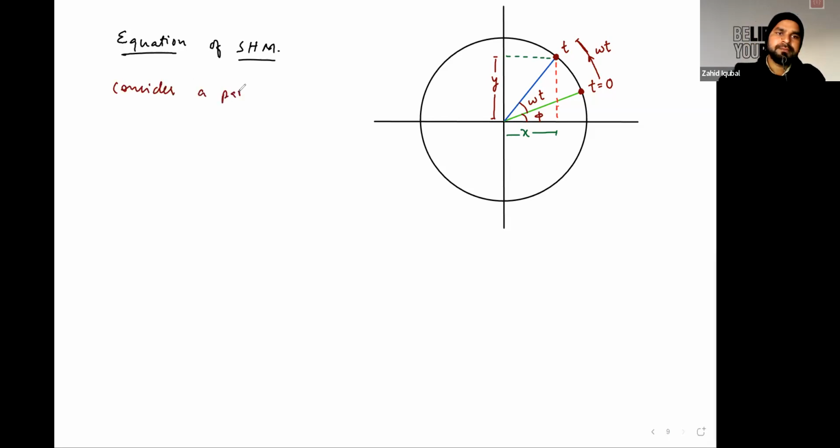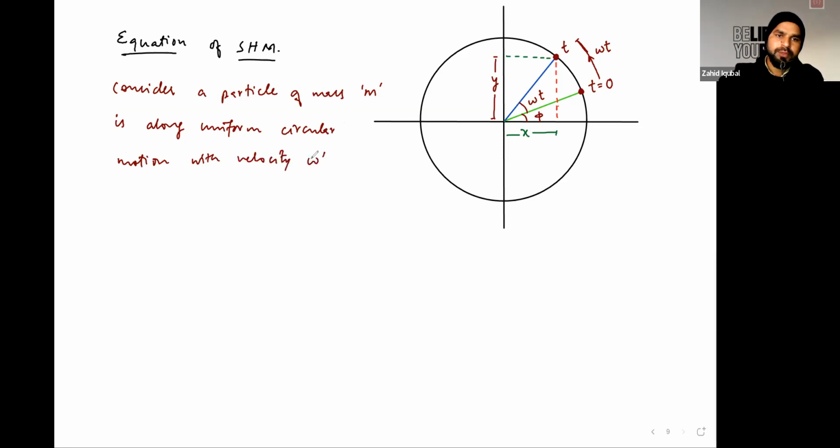Consider a particle of mass m in uniform circular motion with angular velocity omega and radius a.